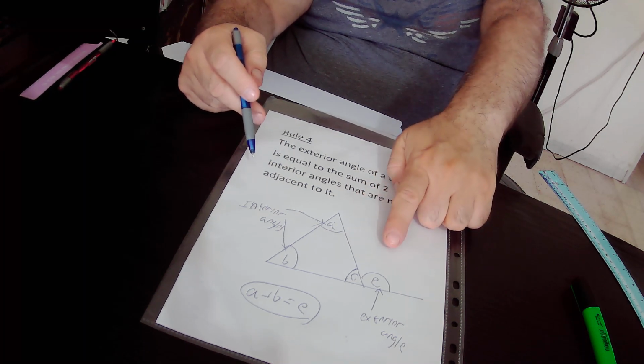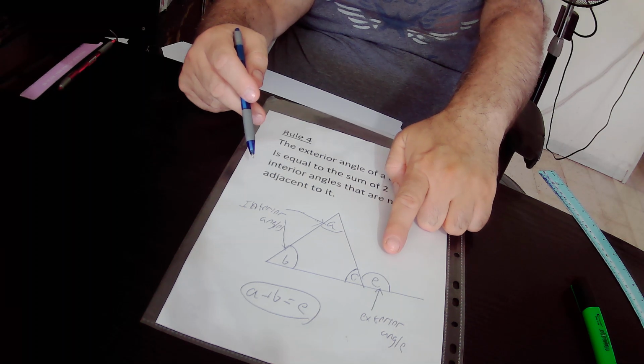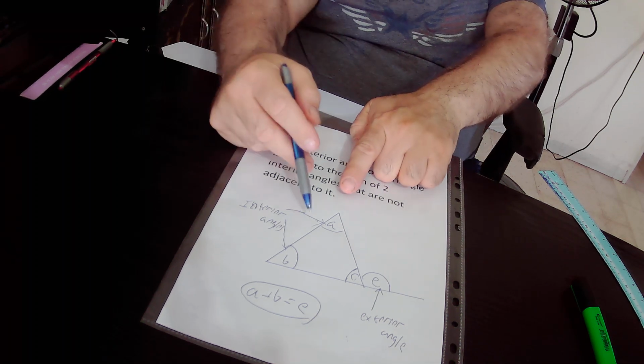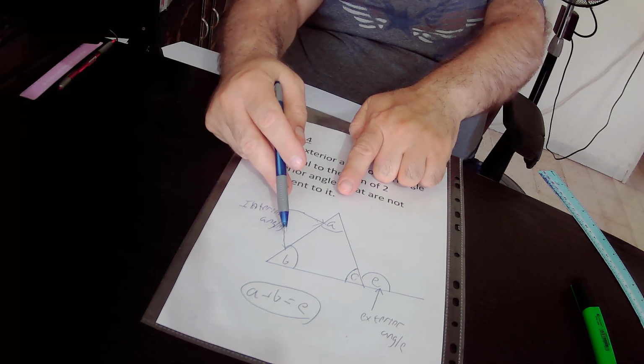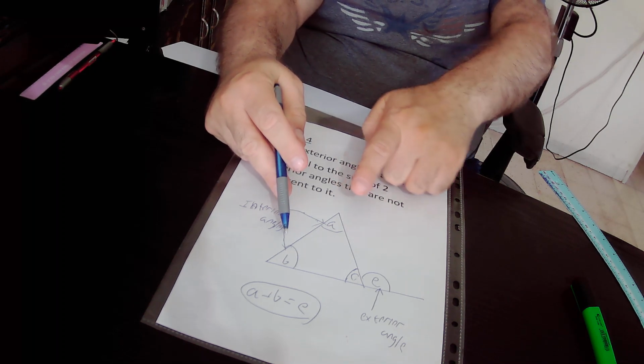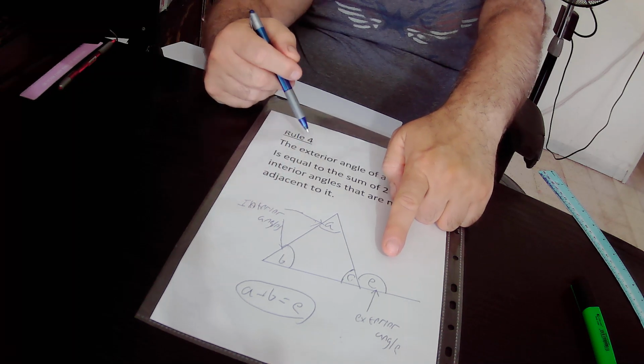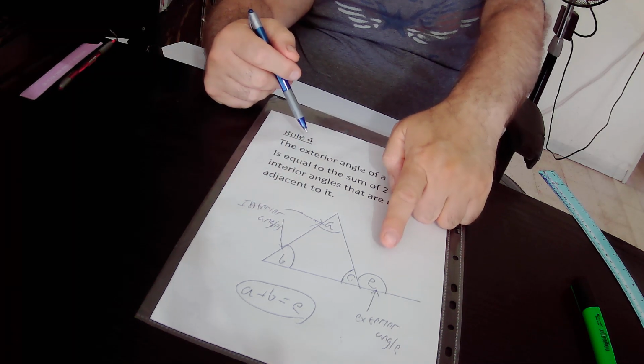In this case, this is the exterior angle, angle E, and the size of this exterior angle E is equal to A plus B, because A and B are two interior angles that are not adjacent to this angle E. So conclusion, we found out that the size of angle E is A plus B.